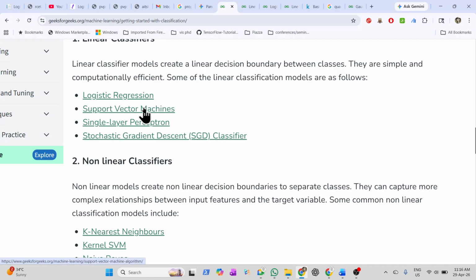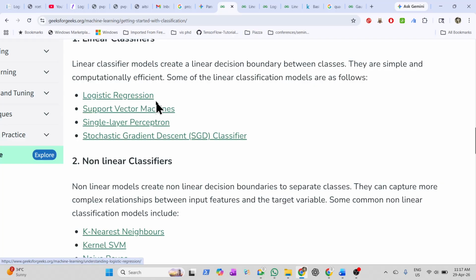Please note them down. These are all so important things, students, and this will really give you an edge over other students if you remember all these points. Logistic regression, support vector machines, single layer perceptron, stochastic gradient descent classifier. And I'll share this link. When you click on each one of them, you will be directed to the page of that particular algorithm.